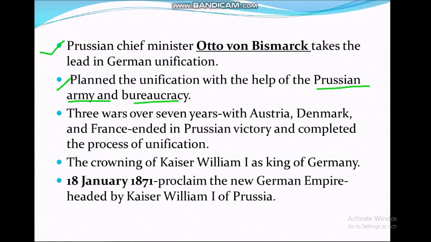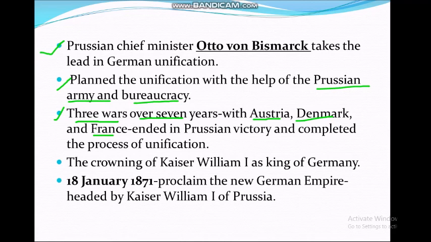While making this nation, Prussia fought 3 wars over 7 years. Not continuous 7 years, but in those 7 years Prussia fought 3 wars with Austria, Denmark and France, as we have seen on the map. These were the big powers.